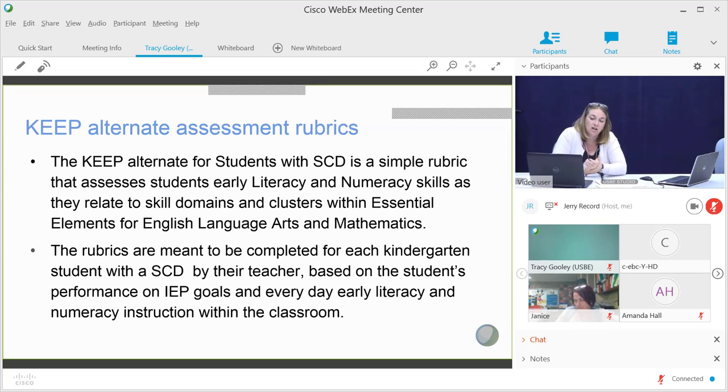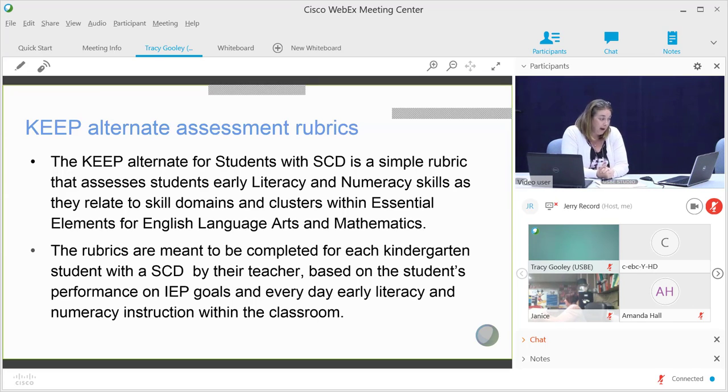So let's take a look at the overview of our alternate assessment rubrics. I don't know if any of you have them printed out in front of you or on a screen, but the way we designed this alternate assessment, if you are familiar with our DIBELS alternate assessment, it's rubric-based.